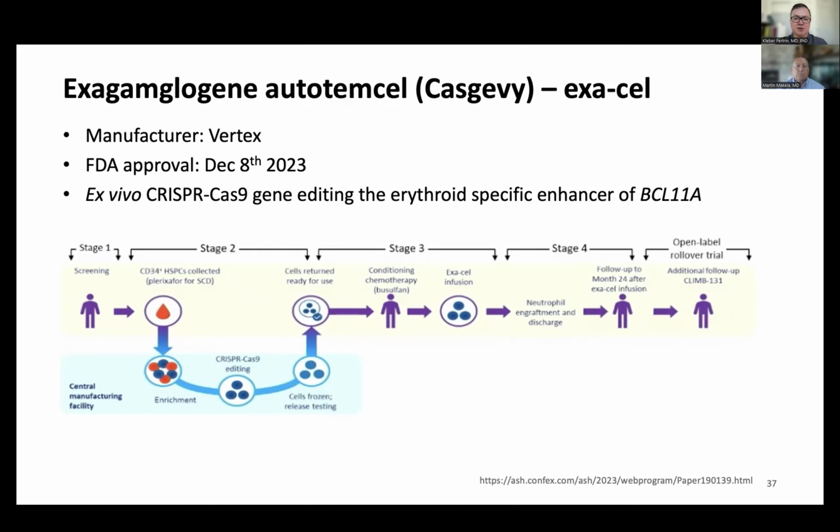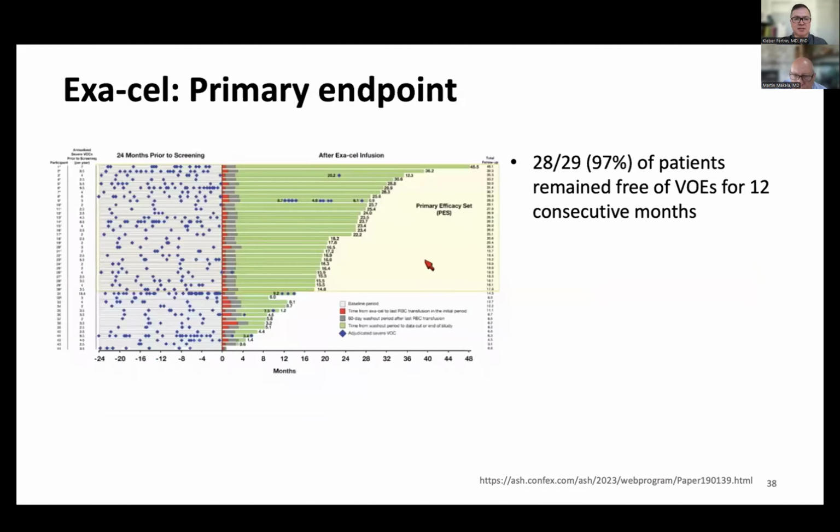With that, you can make the marrow produce very high levels of fetal hemoglobin. And as we saw with hydroxyurea, if you manage to get a lot of fetal hemoglobin in your red cells, then there will be no sickling and there will be no problems with sickle cell disease. So that was the idea behind this medication.